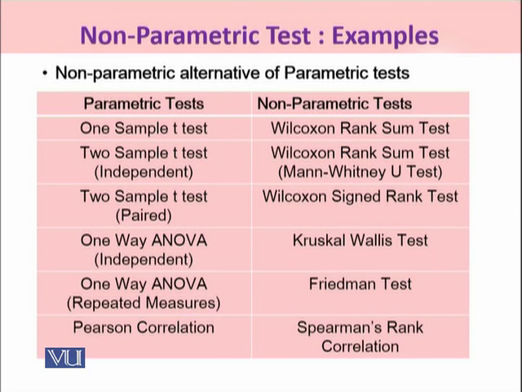For example, if we are talking about one sample t-test, and the assumptions of this test are not satisfied with certain data, then we have the possible alternative in the non-parametric test that is known as the Wilcoxon rank sum test.